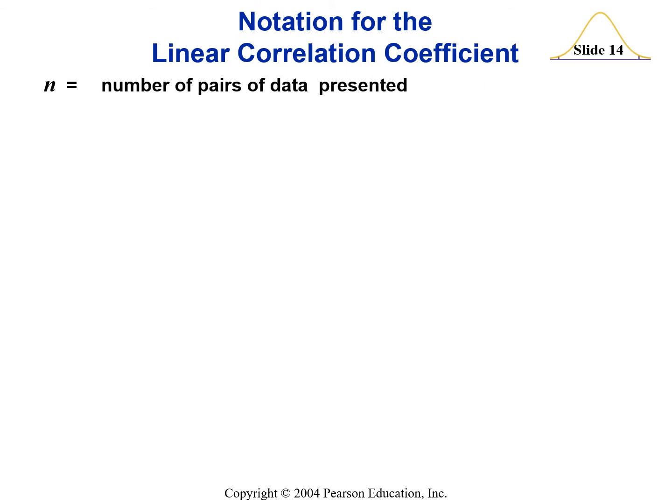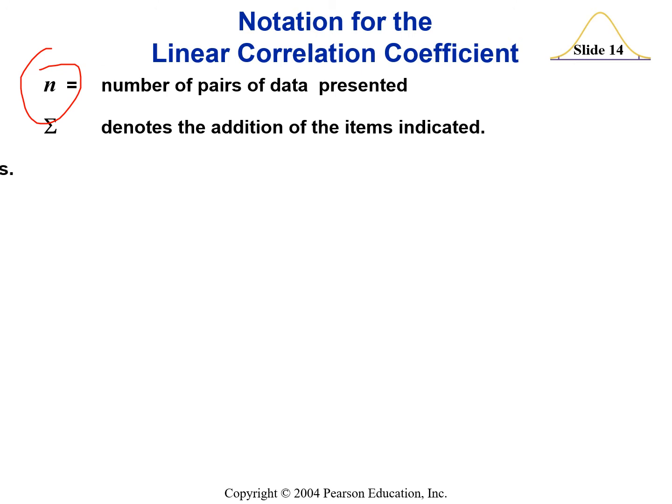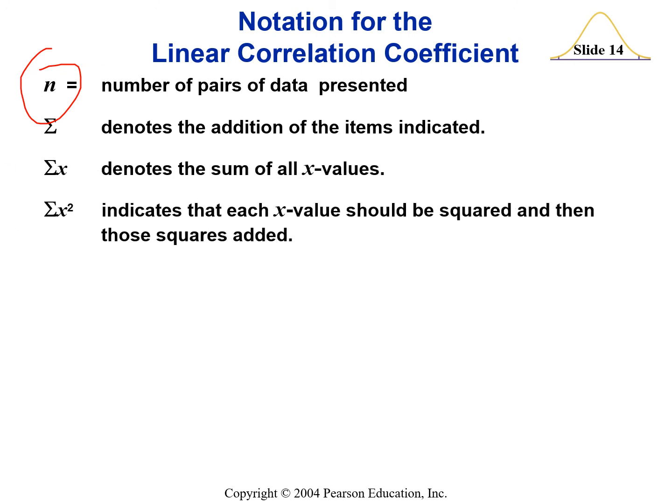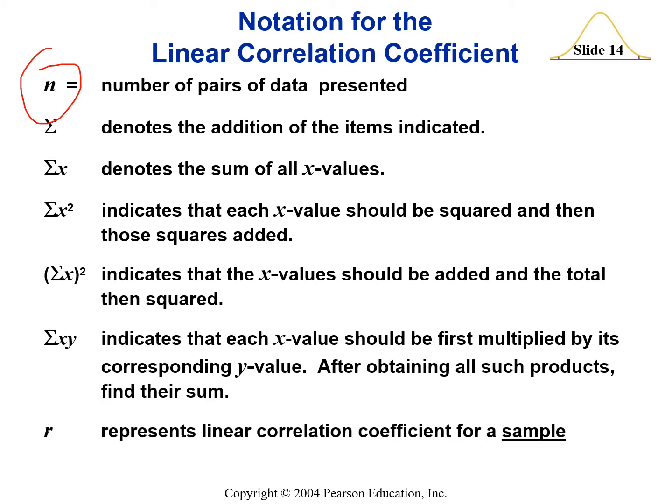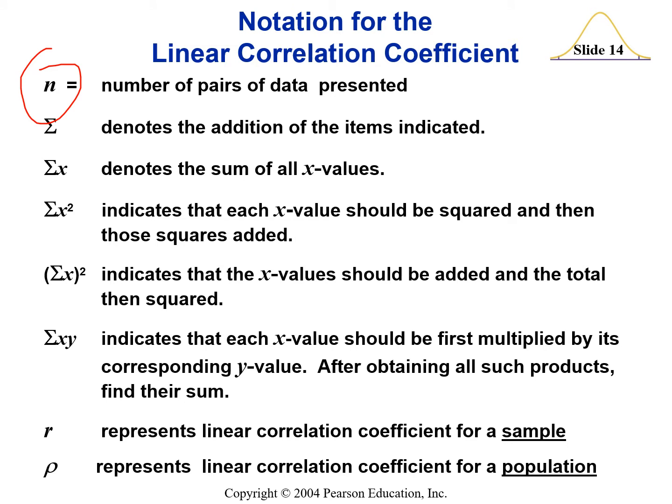Here we have the notations. Small n is the number of pairs presented in data. Sum x is the sum of all x values, then sum x square, sum x all square, sum xy, r and rho.